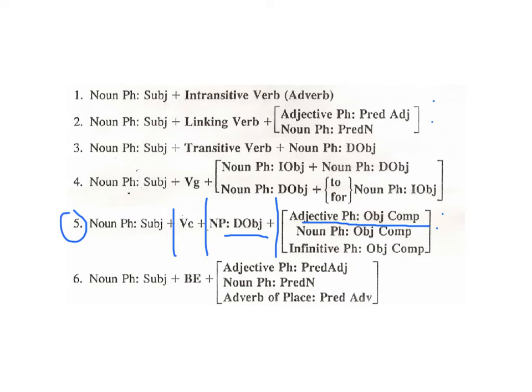And we already talked about how in a sentence that has a VC verb, the relationship between the direct object and the object complement is very similar to the relationship between a noun phrase subject of a linking verb or a be verb and what follows, the adjective phrase or the noun phrase. There's a kind of identity going on.